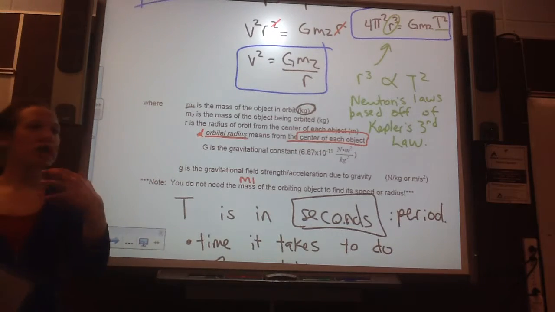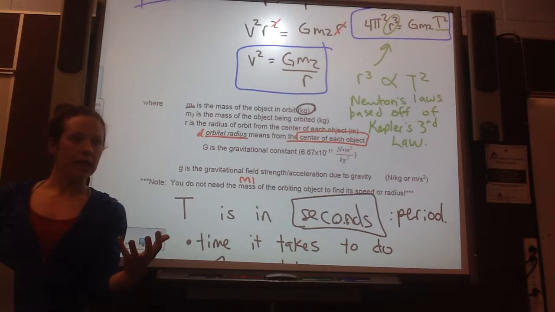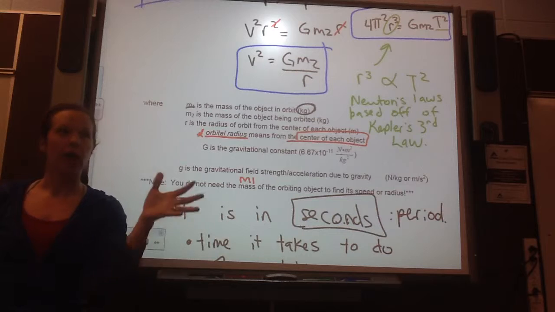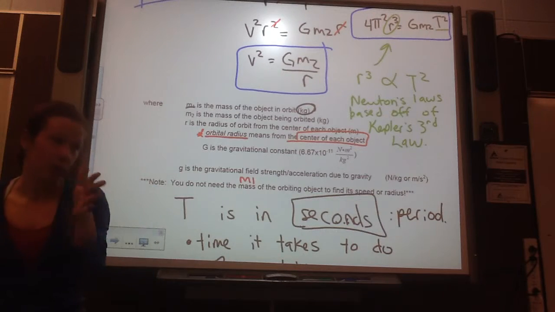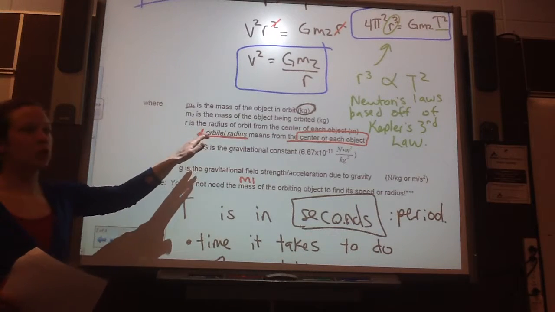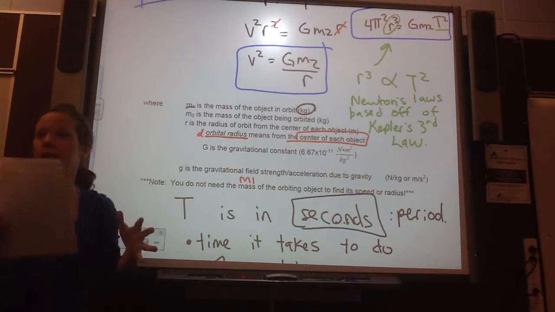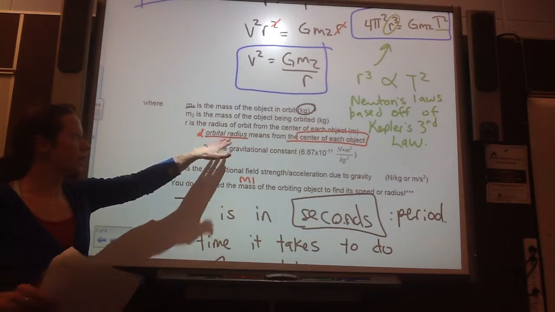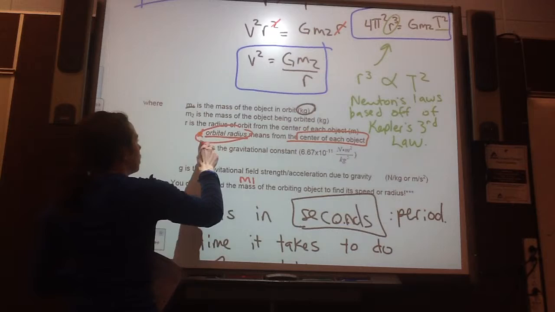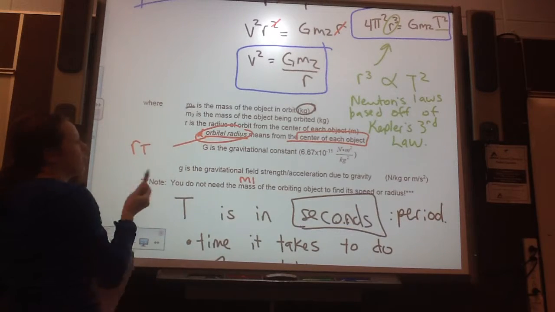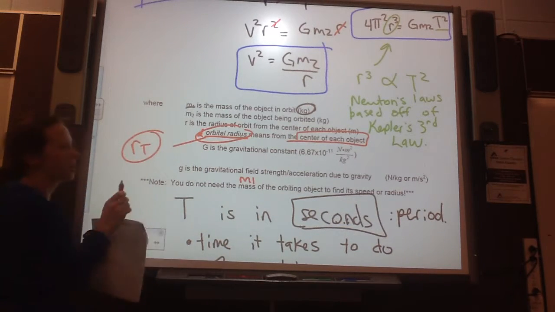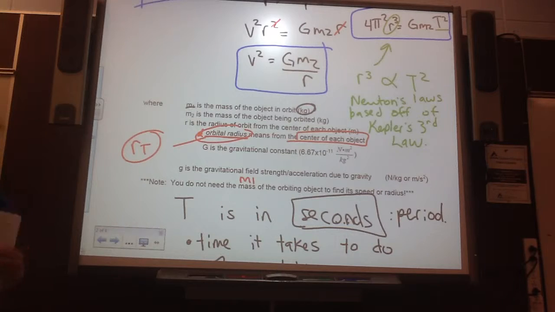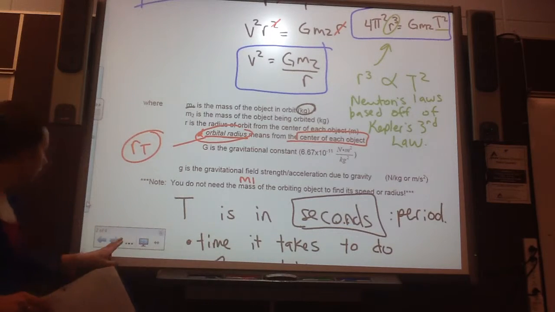So if a question gives you the orbital radius, that includes the planet's radius, so you don't have to do RT plus RD, etc. This would be RT. You don't have to do anything else to it.